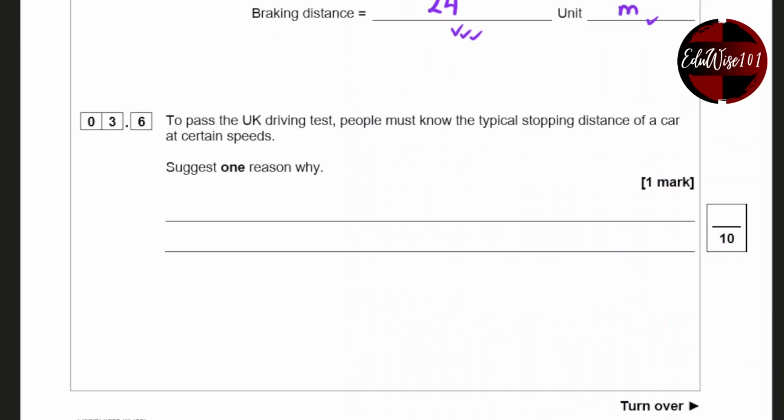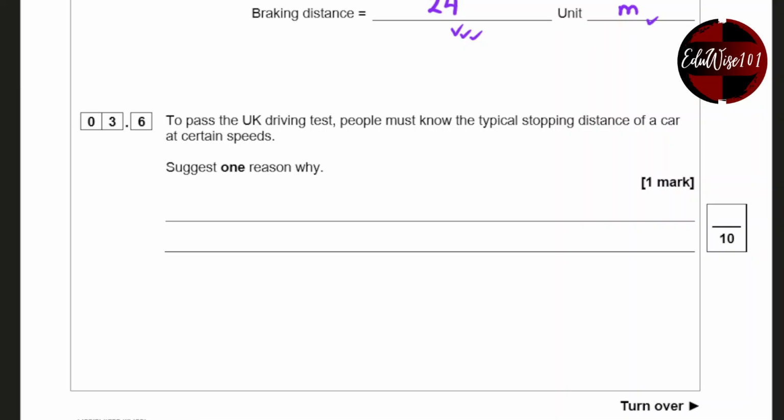To pass the UK driving test, people must know the typical stopping distance of a car at certain speeds. Suggest one reason why. So why is it a good idea to know the typical stopping distance of a car at certain speeds? So let's say you're driving in a 20-mile zone in front of a school.